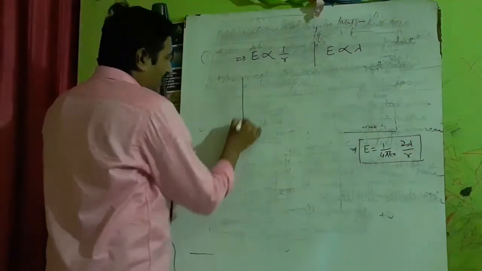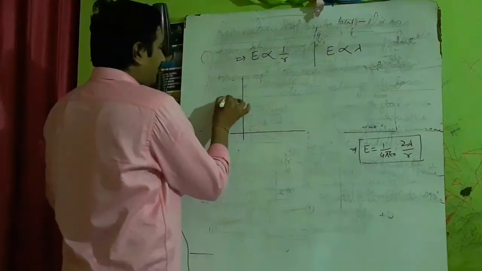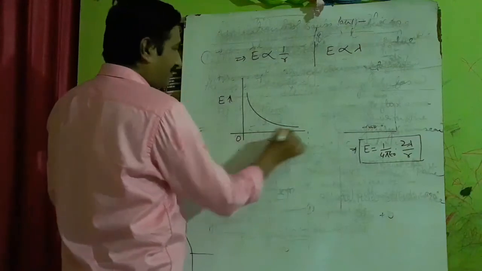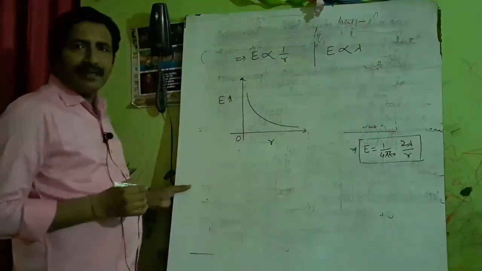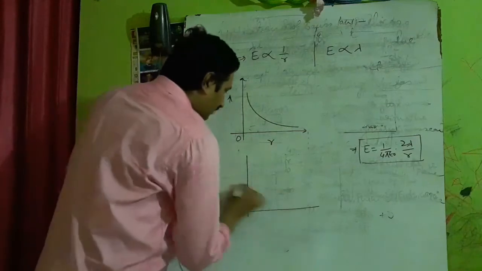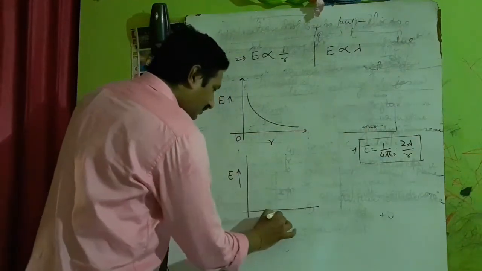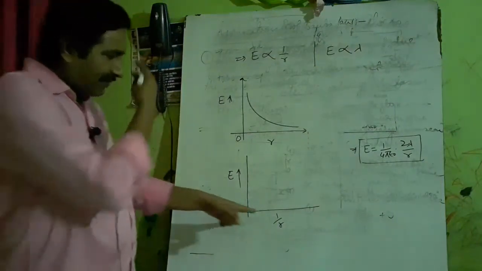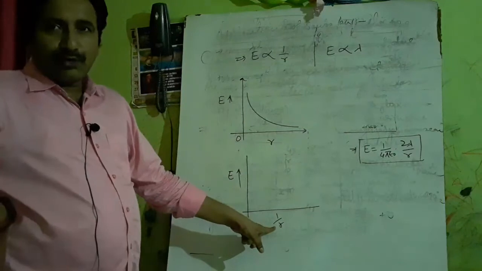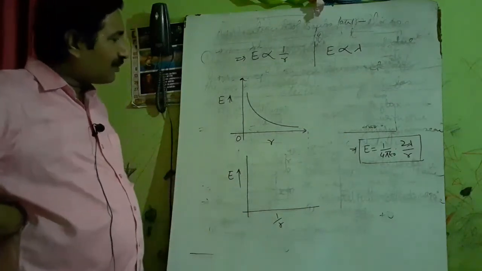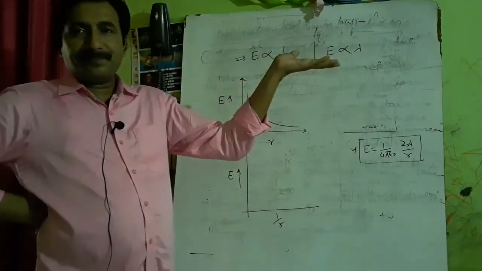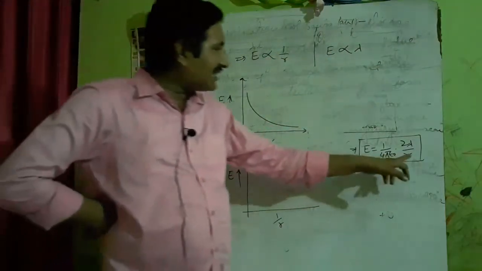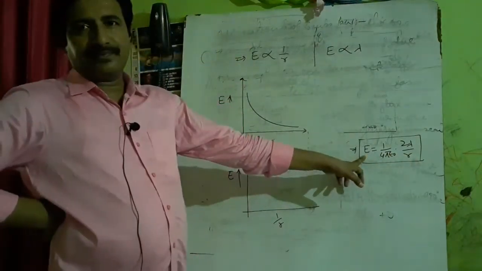If you want to draw a graph between E and R, the nature of the graph will be like this. And if we draw the graph between E and 1 by R, then what will be the nature of the graph? When 1 by R is 0, means R is infinity, and if R is infinity, E will be 0.